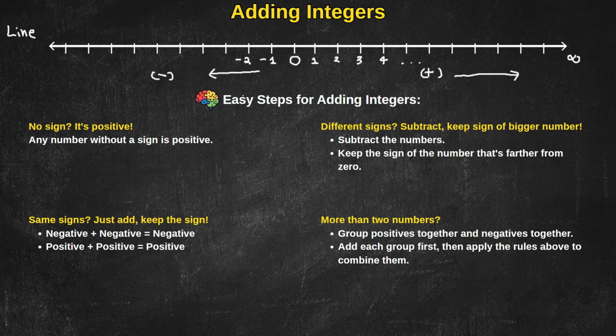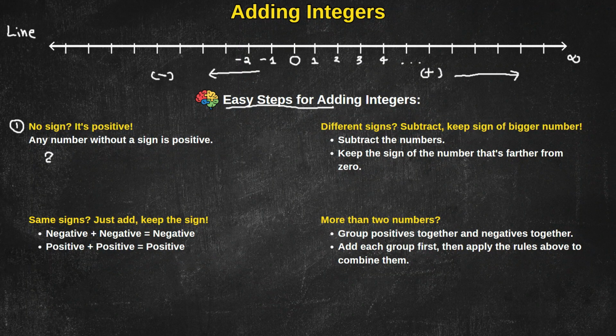Now, don't worry, I have broken down easy steps for adding integers. So let's look at step number 1. It says no sign, it's positive. Any number without a sign is positive. What does that mean?